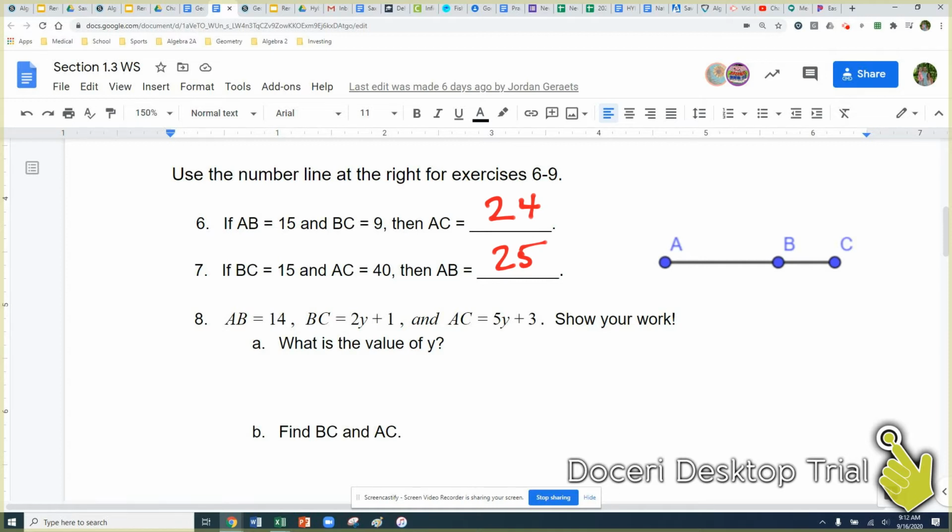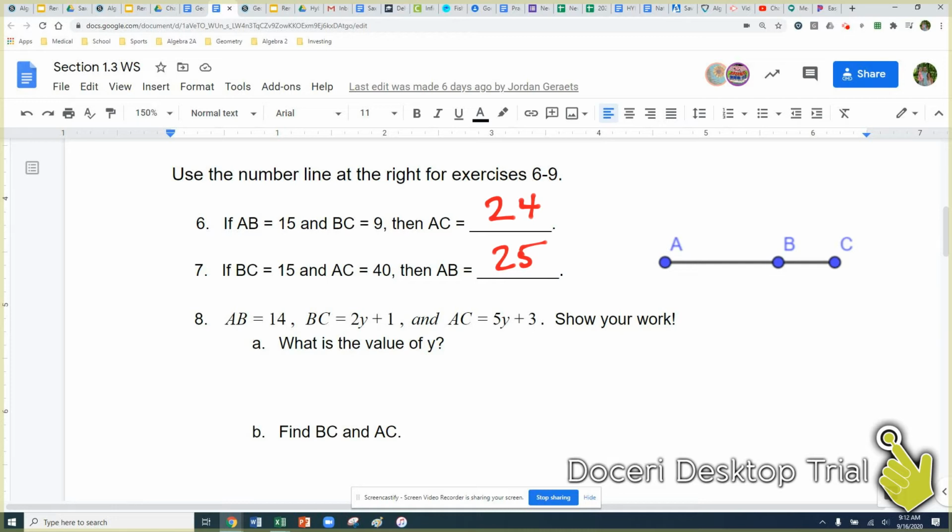So AB is 14 feet, inches, whatever it is. The length, the measurement of BC is 2y plus 1, and the length of AC is 5y plus 3. So we're going to find out what is the value of y, and then what is the measurement of BC, and then what is the measurement of AC. So we'll be able to find those two missing pieces. We're going to use algebra to find this unknown. The unknown right now is y, and we'll use the segment addition postulate as well.